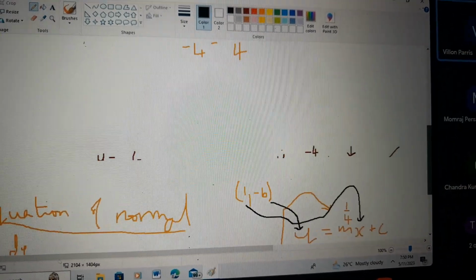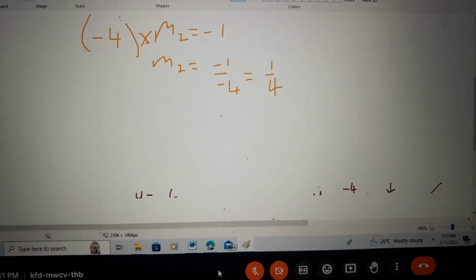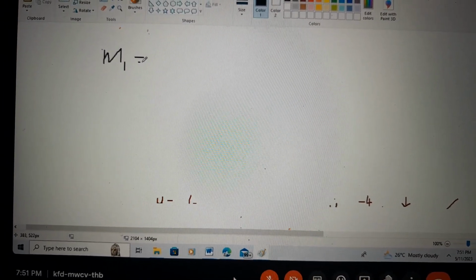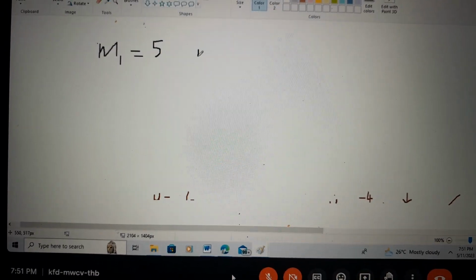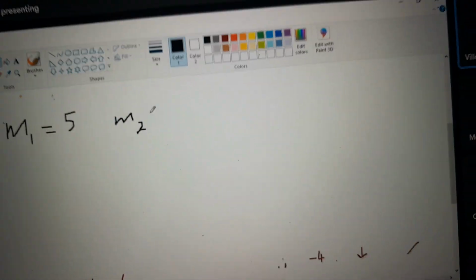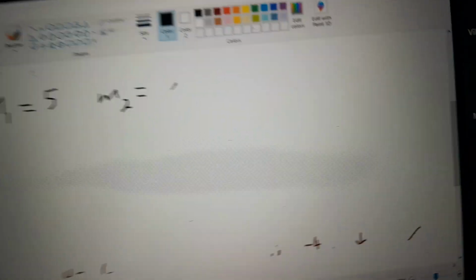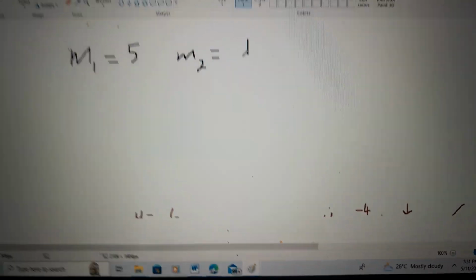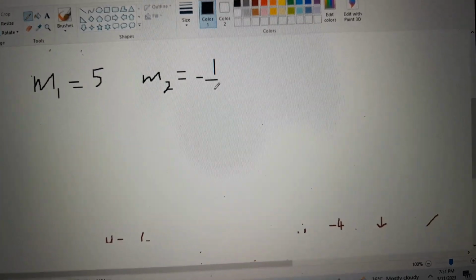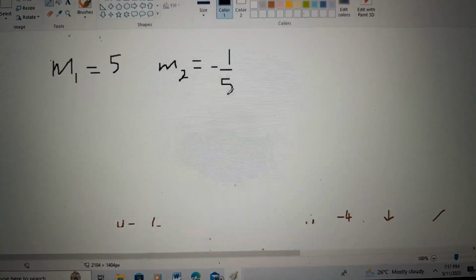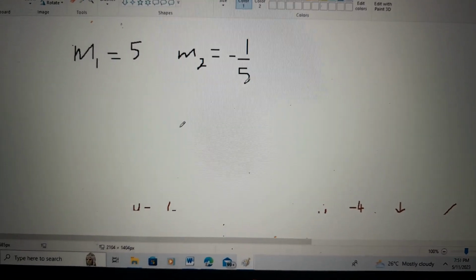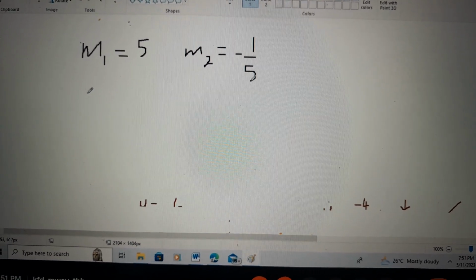Right? So let me just do perpendicular lines, right? If M1 is equal to 5, can anyone tell me what M2 will be equal to? The gradient of the perpendicular line? 1/5, sir. Yeah, it will be a -1/5. See, invert, the gradients will always have different signs. If one is positive, the other will be negative, right?